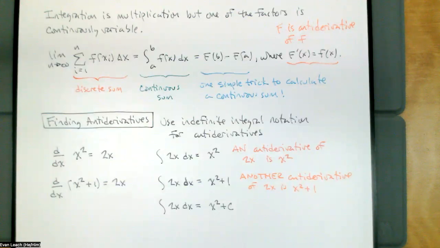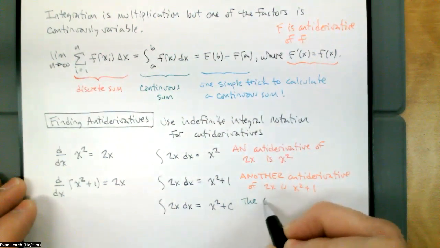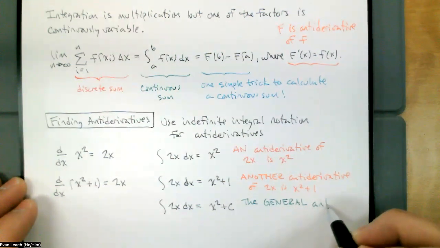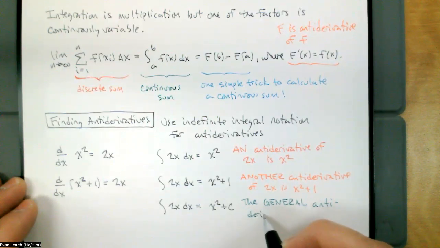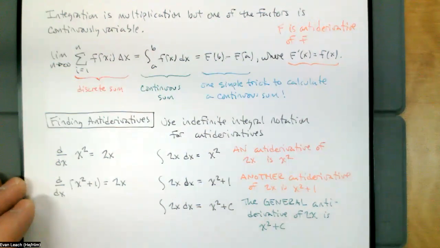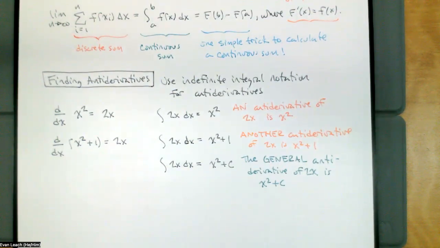This is going to be the general antiderivative of 2x, because the derivative of x squared plus some constant will be 2x for whatever constant.